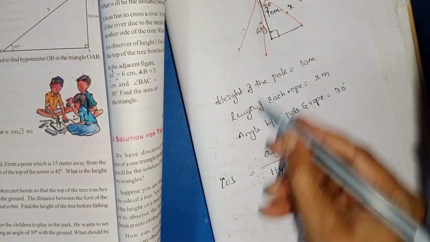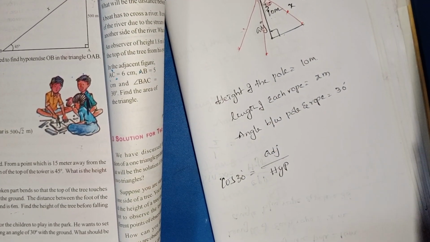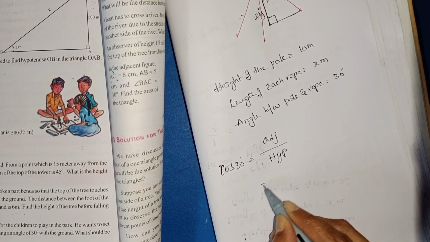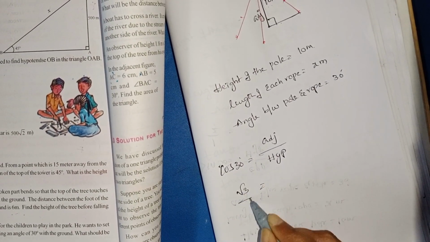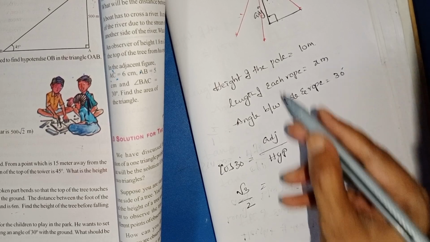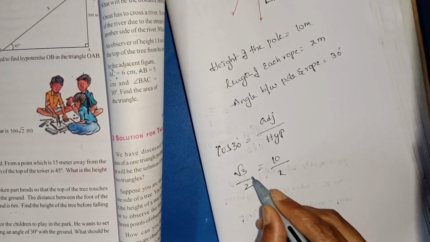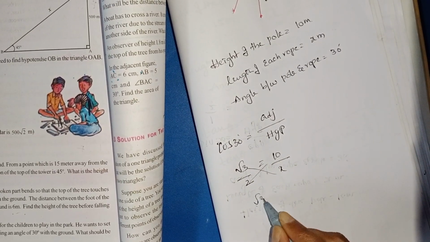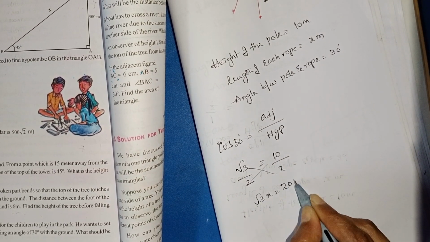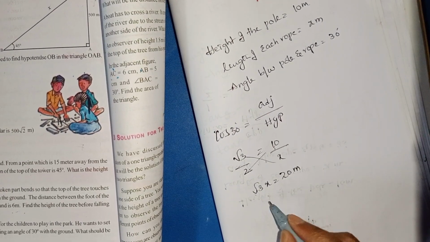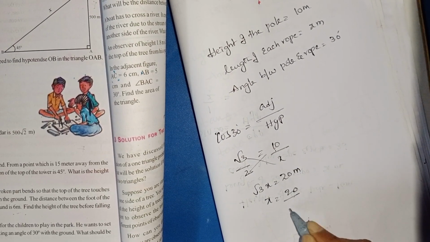So here theta value is 30 degrees. Cos 30 is equal to adjacent by hypotenuse. What is the cos 30 value? Root 3 by 2. Root 3 by 2 is equal to adjacent value 10 meters by hypotenuse we don't know, x. Let us take a cross product. Root 3x is equal to 20 meters. 2 tens are 20. x equal to 20 by root 3.